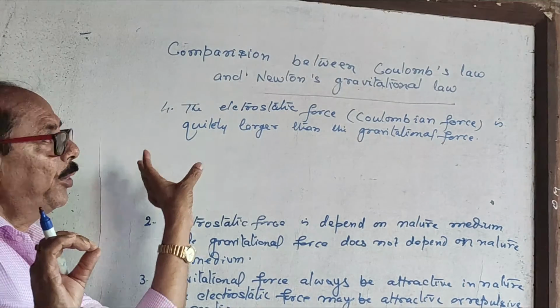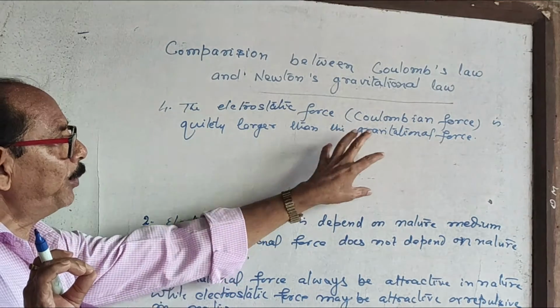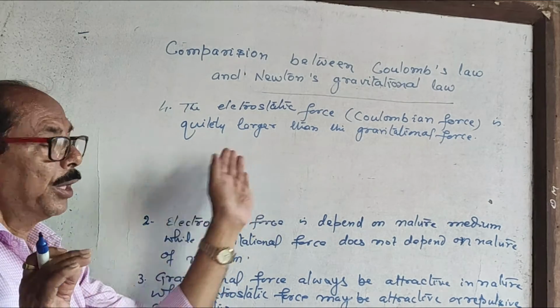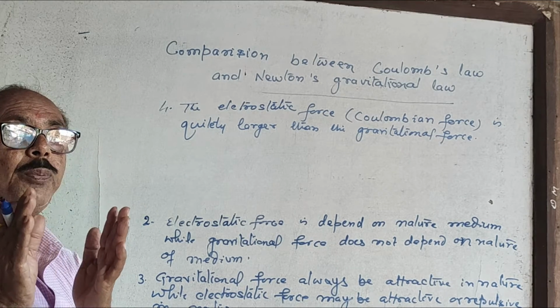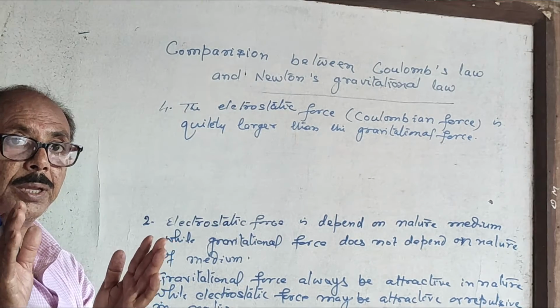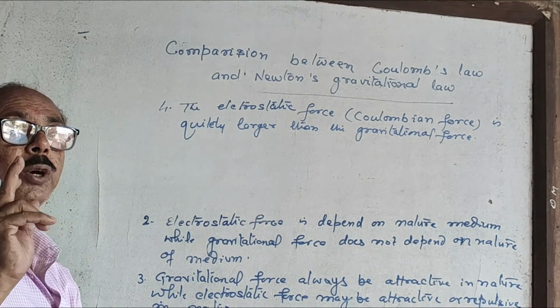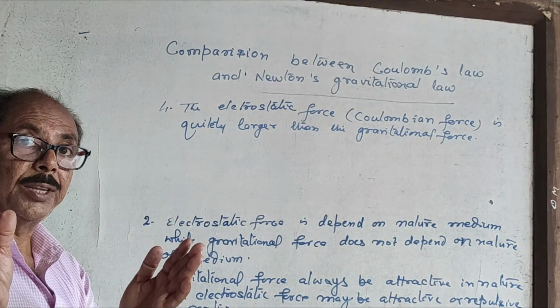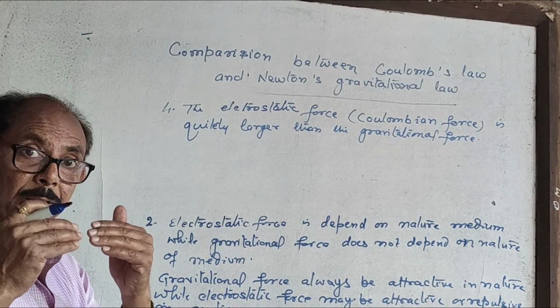Clear? One thing here: the electrostatic force acts between the two point charges. If the two point charges are of the same nature, then a repulsive force acts between them. In this case, the electrostatic force will be positive. If dissimilar charges are kept, then a force of attraction acts between them.